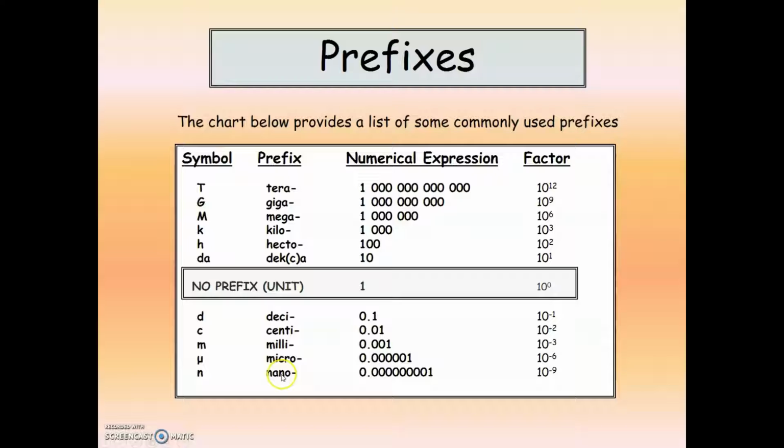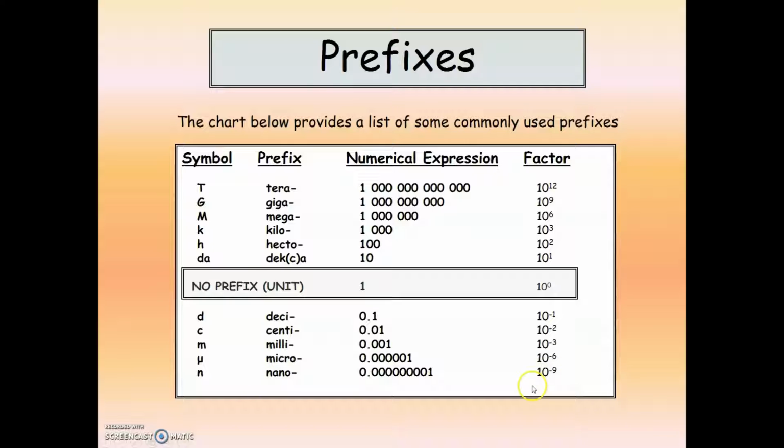And then nano is going to be 1/1,000,000,000th. This is like nanoscale, or you hear about nanorobots. This would be the size of atoms, on the nanoscale. And nano is -9. That's how I remember that.